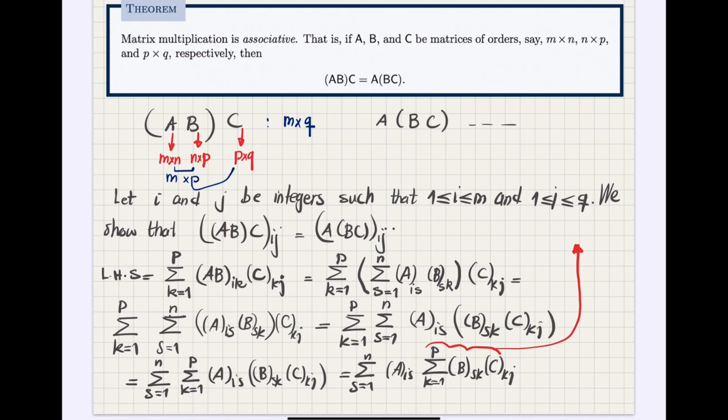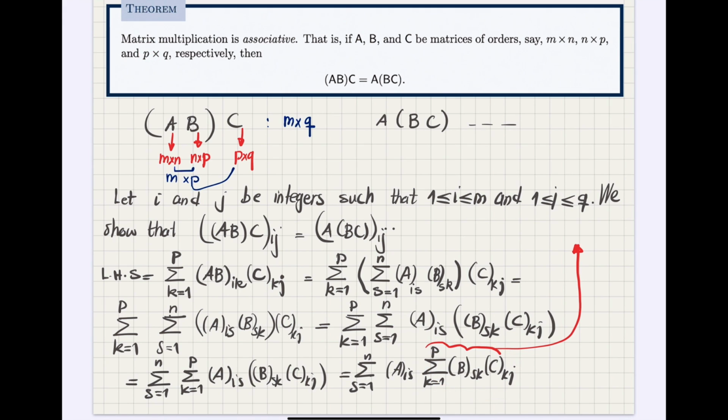I would say that this is B, it starts with S, it ends with J, and the middle one is the counter of the sigma, and the upper limit is exactly the number of columns of B, or equivalently the number of rows of C. You see, the number of columns of B is P, the number of rows of C is P. So that's exactly in the right combination.